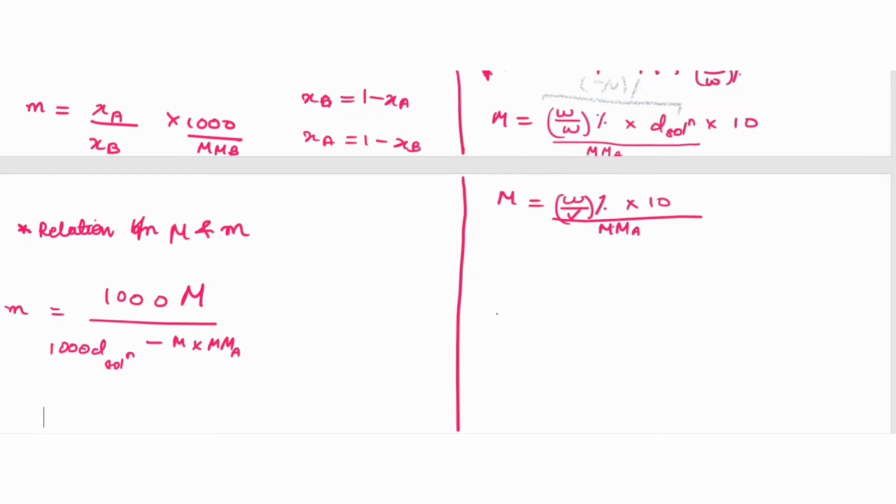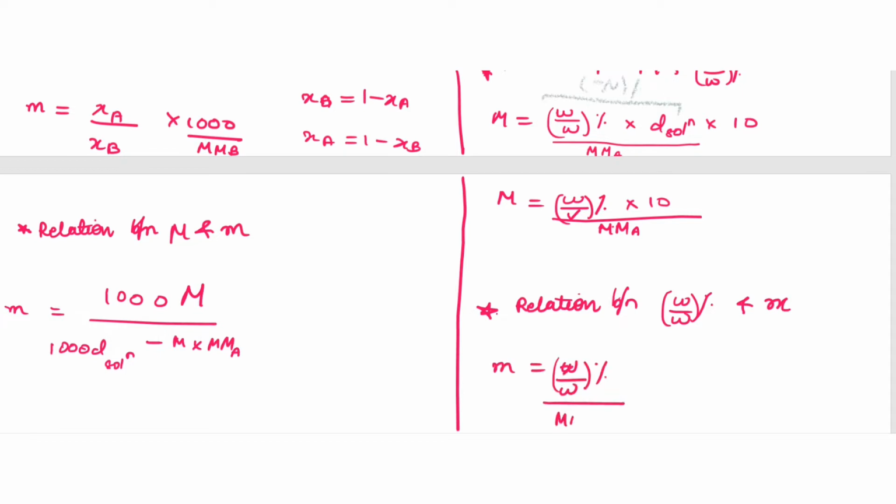Okay. Next trick, the relation between weight by weight percentage and molality. Molality is equal to weight by weight percentage divided by molecular mass of A, the solute, into 1000 by 100 minus weight by weight percentage.